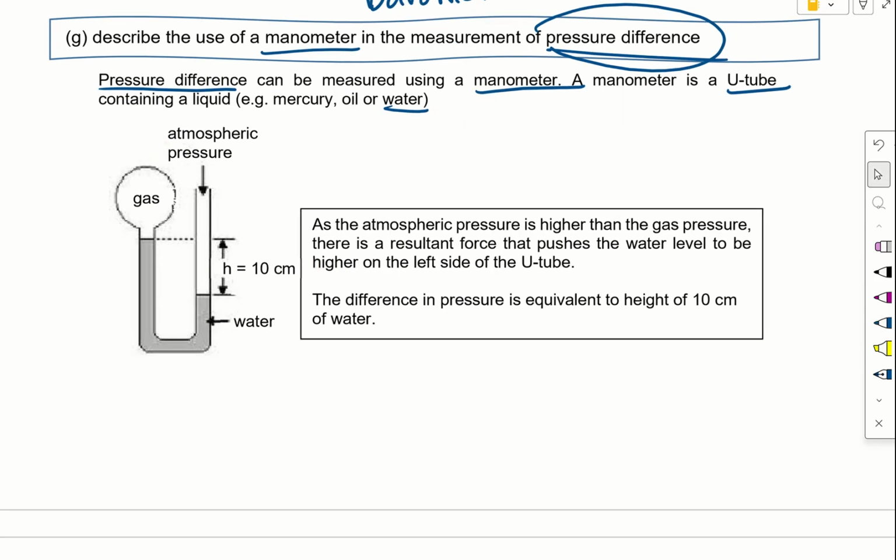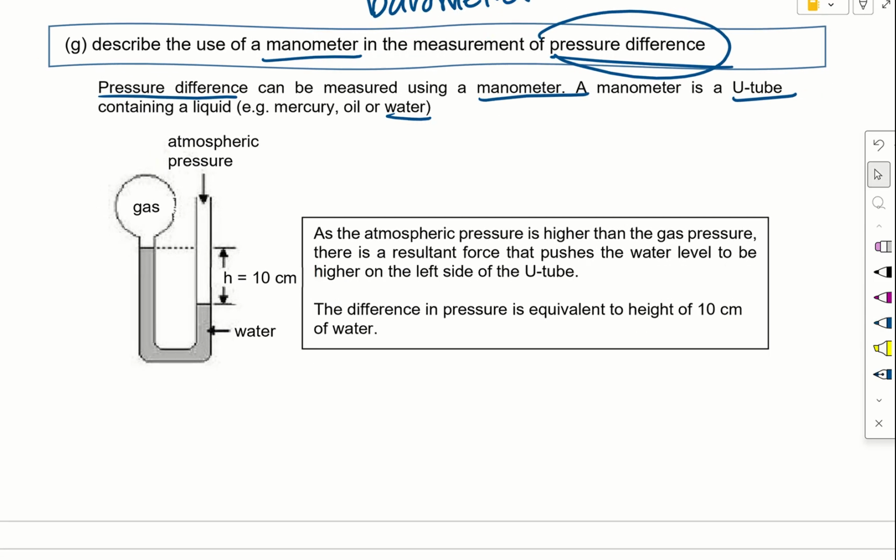So how does the manometer work? We have one end of the tube exposed to atmospheric pressure, or it can also be gas pressure. Remember, it's about the pressure difference. Then on the left hand side, we have gas trapped in this part of the U-tube, and the gas will exert a pressure.